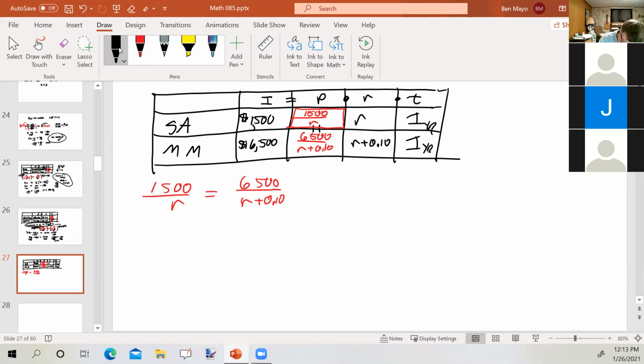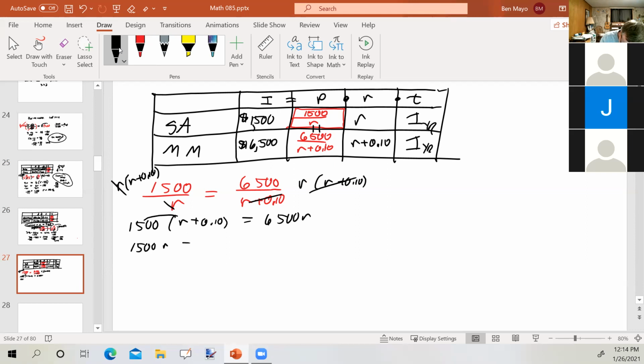The LCD is going to be R times R plus 0.10. On the left side, the R's reduce out, and we've got 1,500 times R plus 0.10. On the right side, the R plus 0.10s reduce out, we've got 6,500 R. So over on the left, distributing, 1,500 R plus, if I take 1,500 times 0.10, I get 150.